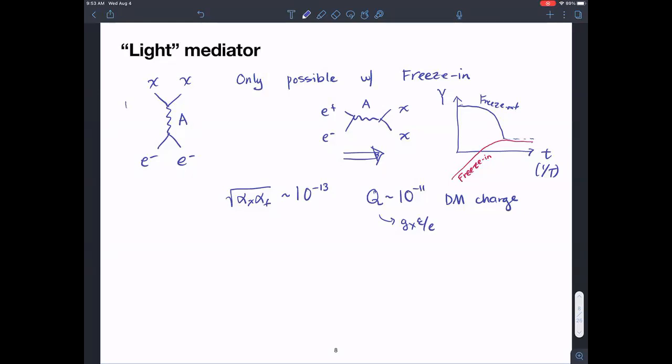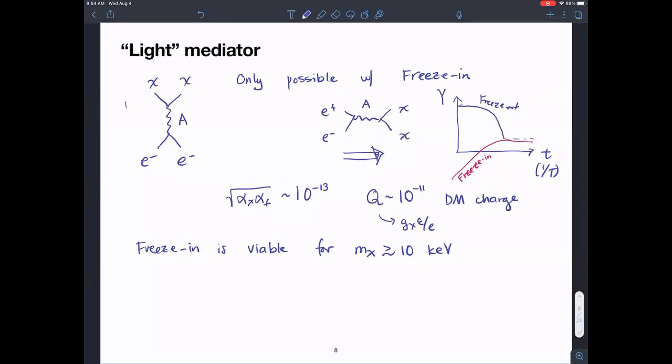Because this dark matter candidate is never in thermal equilibrium, we are not so concerned with BBN constraints. So freeze in is viable for masses above about 10 keV. And the 10 keV comes from a combination of things.